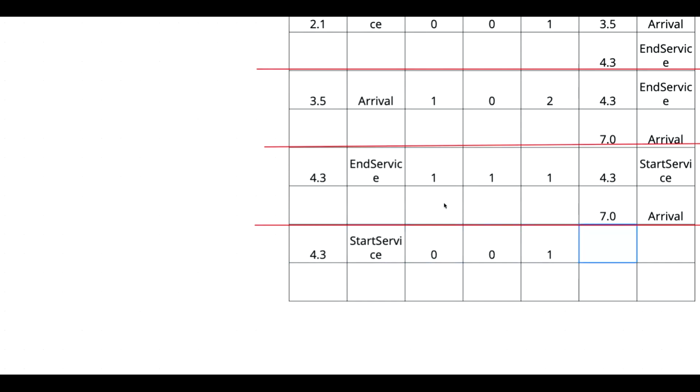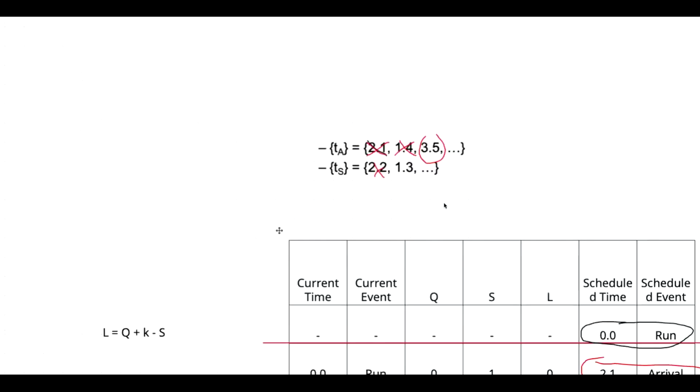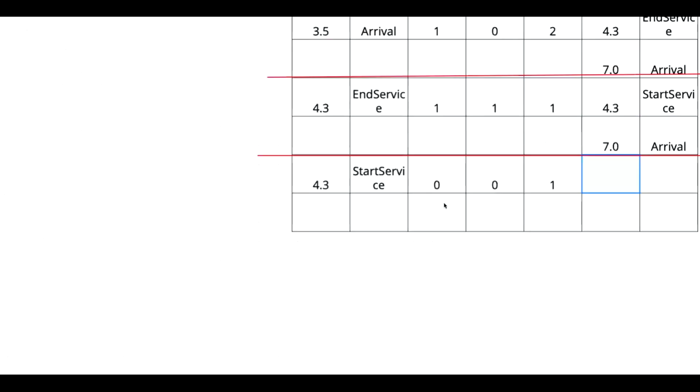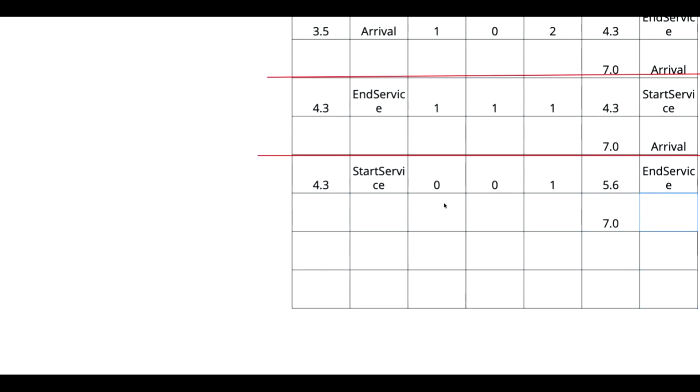And then we need to schedule the end service, which is going to be at time 1.3. 1.3 plus 4.3 is 5.6. And we still have this arrival. And that is this turn of the crank.